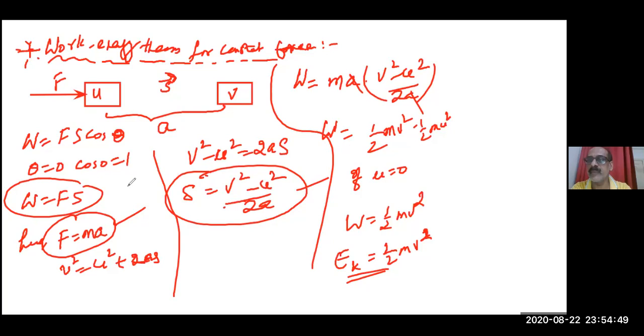Sir, can you repeat the change? Work energy theorem states that the change in kinetic energy of an object is a measure of work done over it.